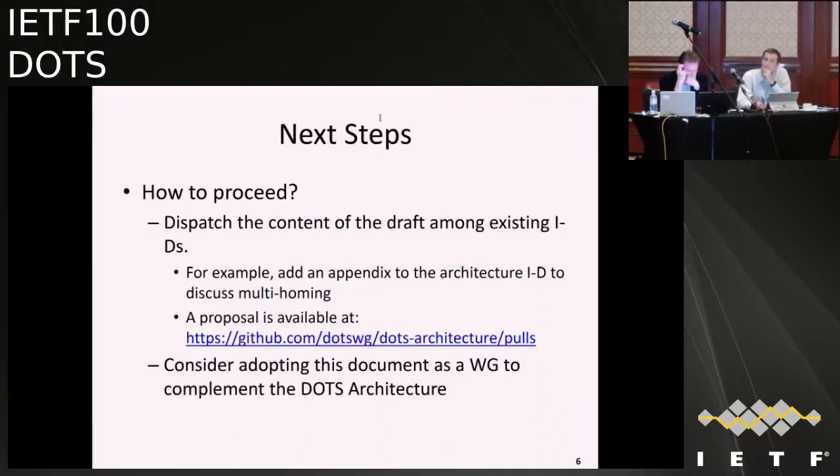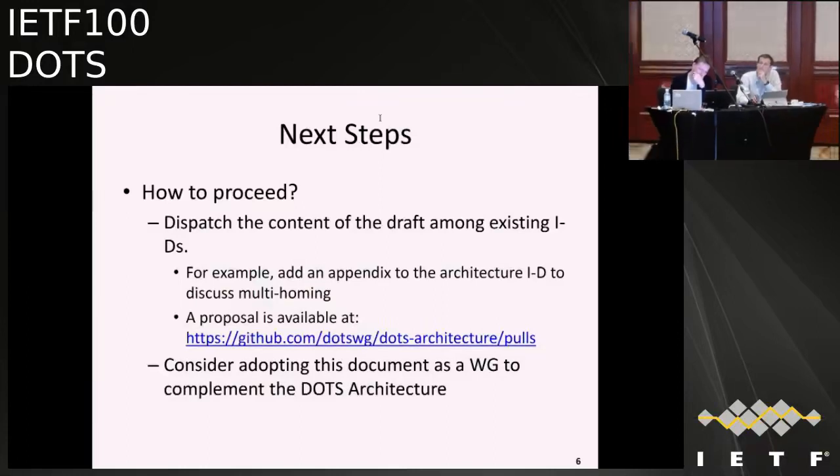The other one is to consider adopting the current individual document as a standalone document, so that we can have one single document in which we discuss all the specificities of multi-homing. I personally prefer the second one because it is really focused, but I'm open to any direction from the working group. We have both: there's a draft which was already sent to Andrew a month ago, and the other one which is the standalone document. And this is the end of my presentation.